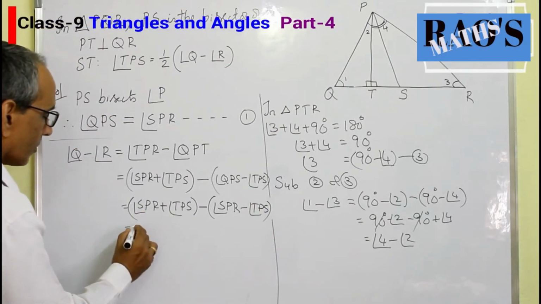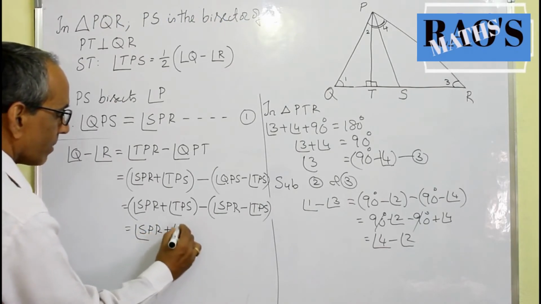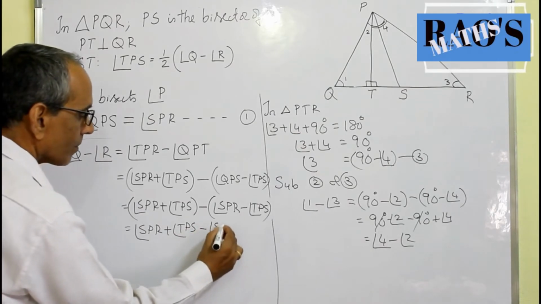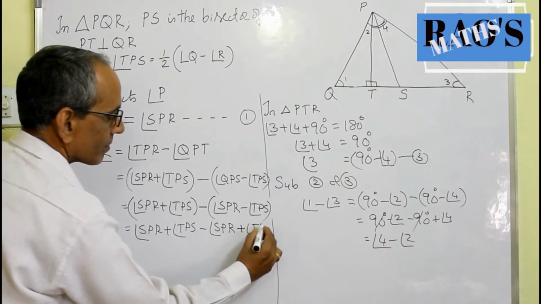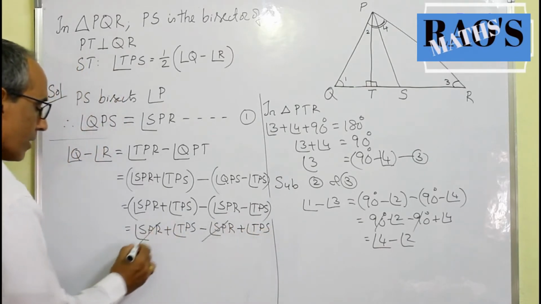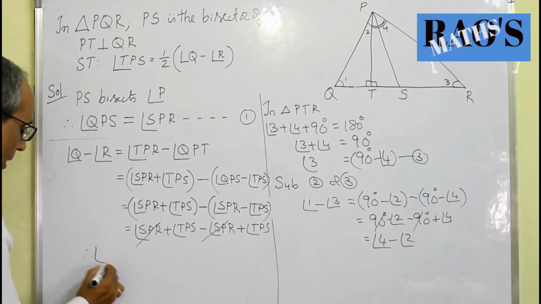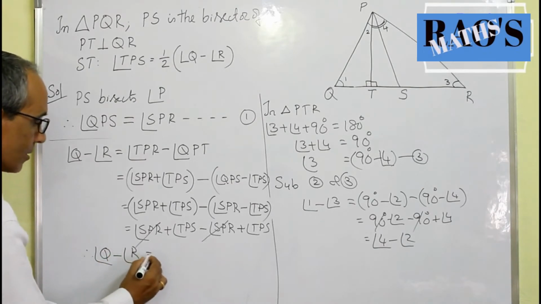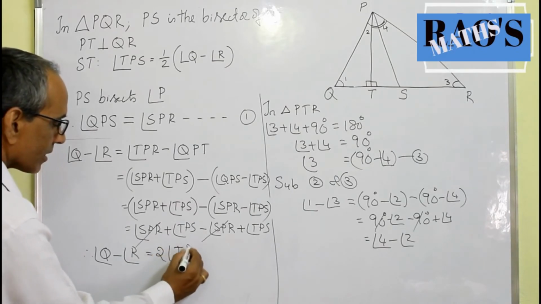It is angle SPR plus angle TPS minus angle SPR plus angle TPS. So we remain with 2 times angle TPS. Therefore, angle Q minus angle R is equal to 2 times angle TPS.